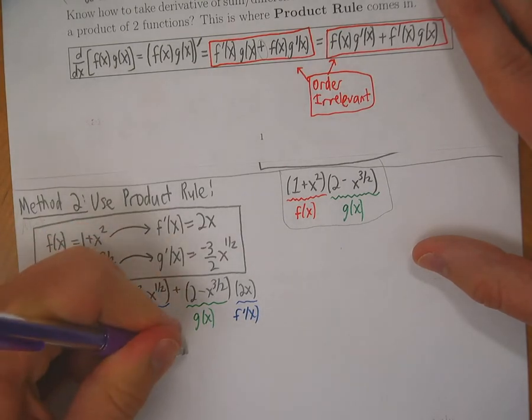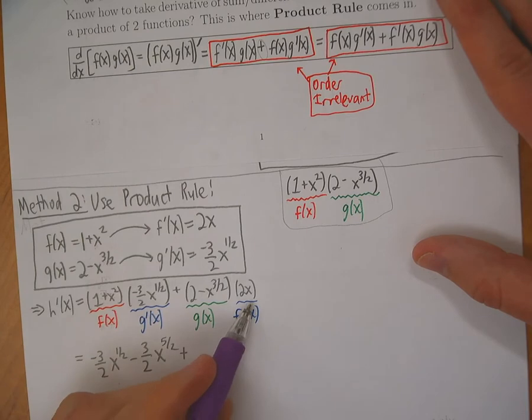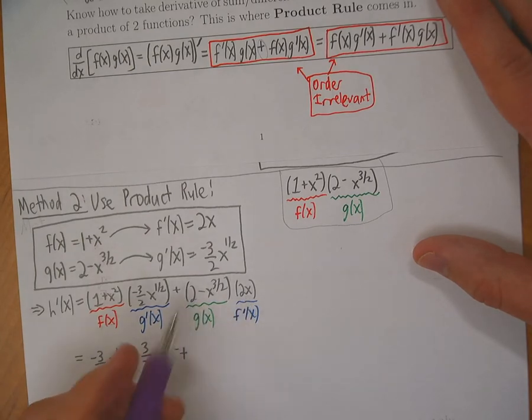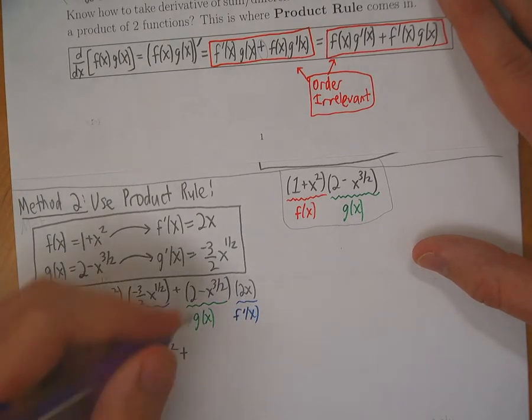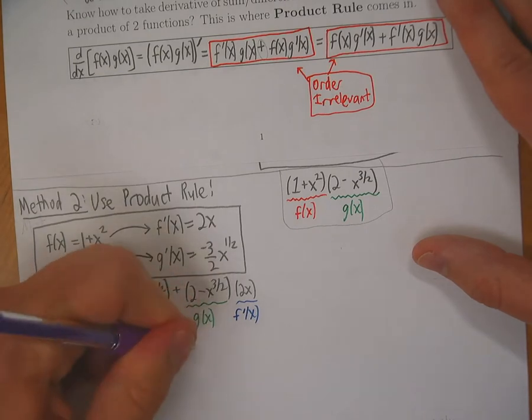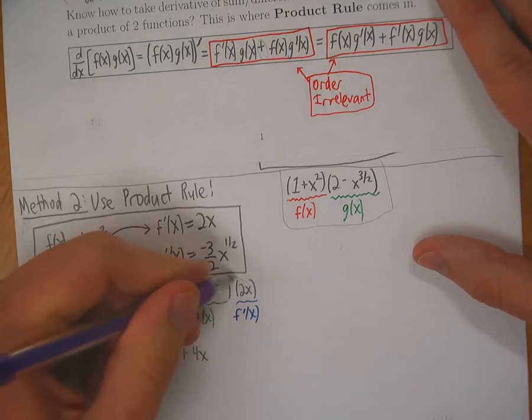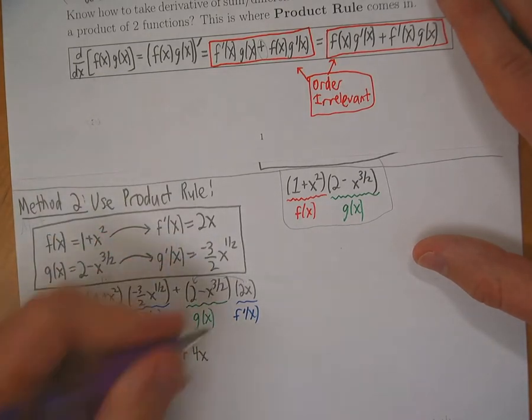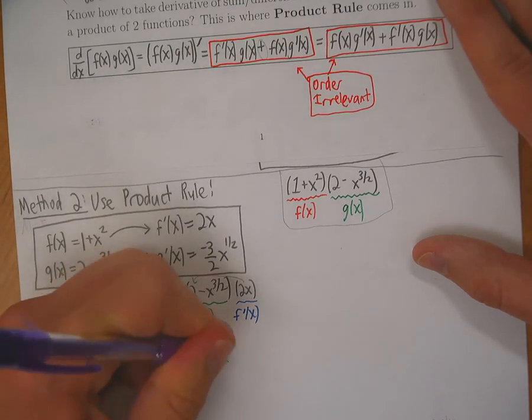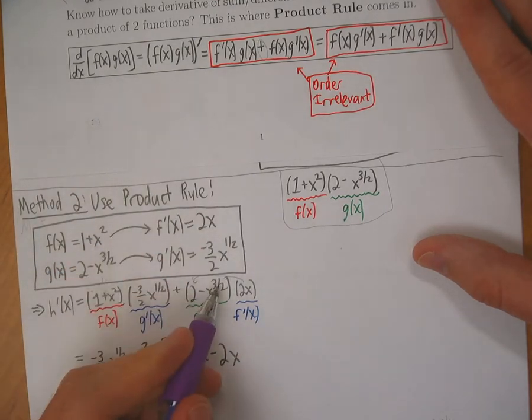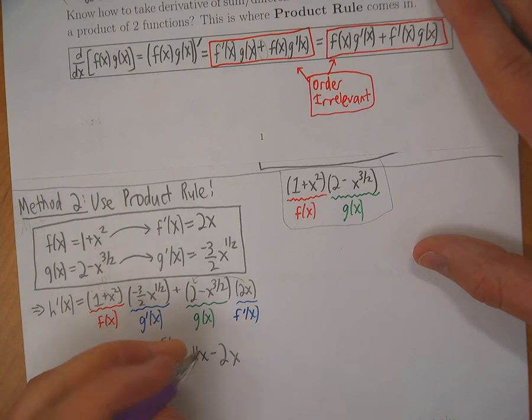So that's that part. And then plus, we do the same thing with distributing f prime into g of x. So in this case, we should have 4x, just distribute that into 2, and then minus 2 times x to the what power?